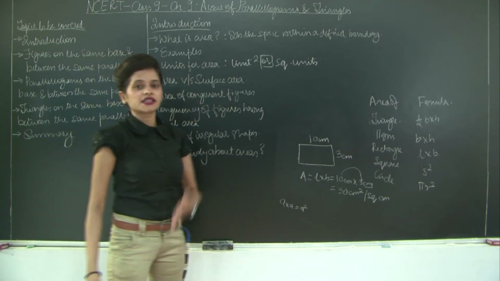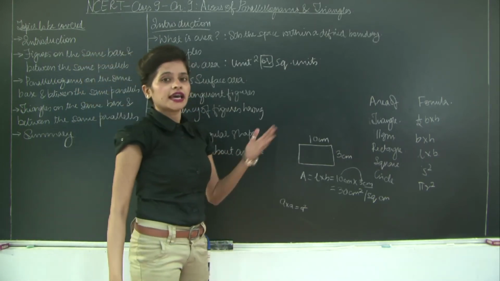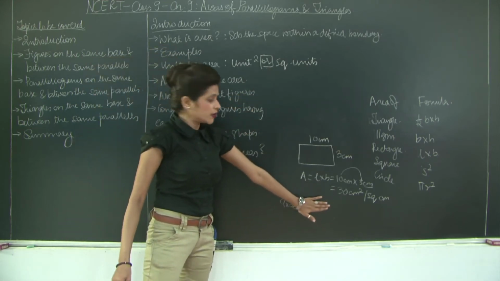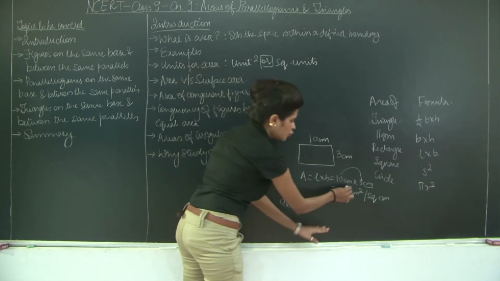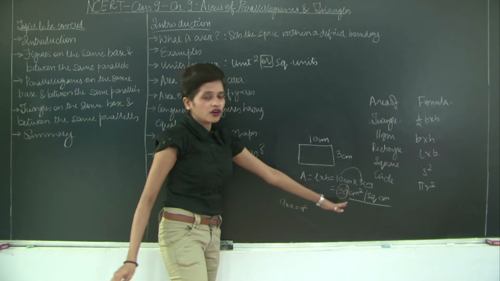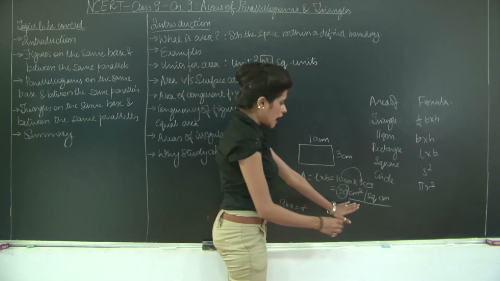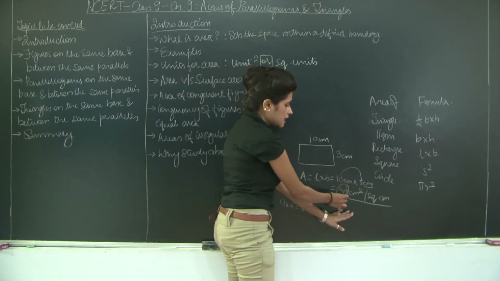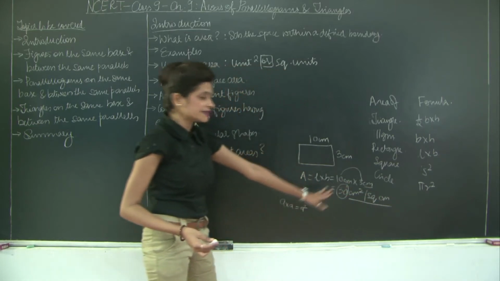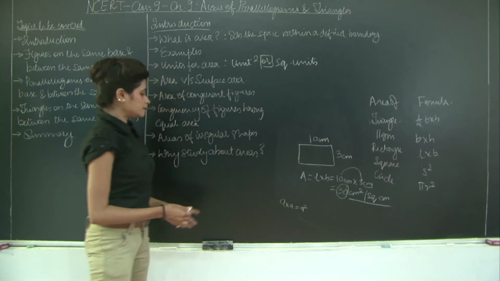They could be centimeters, meters, kilometers, yards, miles and so on. So the answer for area will always be a numeric value appended with unit square or square units. In our case for this rectangle it is 30 centimeters square or 30 square centimeters. So our unit here is centimeters, right.